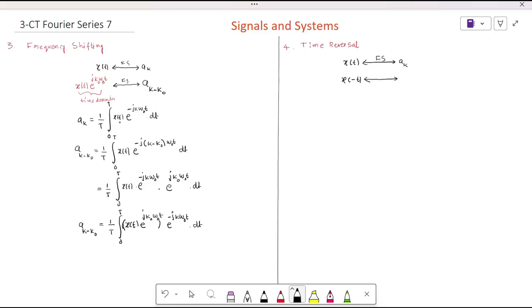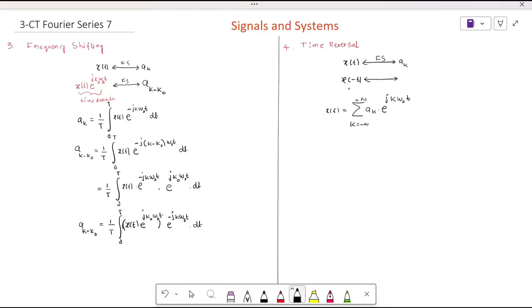Same here, just apply. Again I am taking the Fourier series representation. So x of t equals sigma a k into e power jk omega naught into t, with k equal to minus infinity to plus infinity.